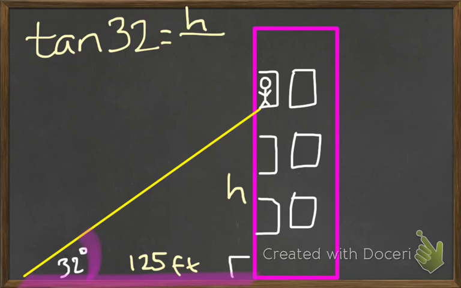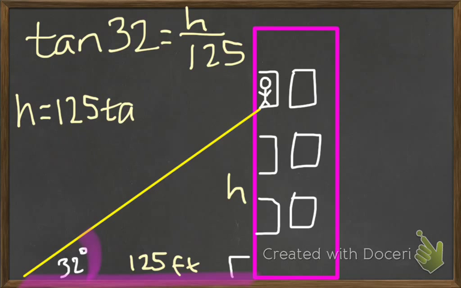We don't know what it is, we need to solve for it. Over the adjacent leg length, which is the floor you're standing on, which is 125. So if we're solving for h, all you have to do is multiply both sides by 125, and you get h equals 125 tangent of 32.